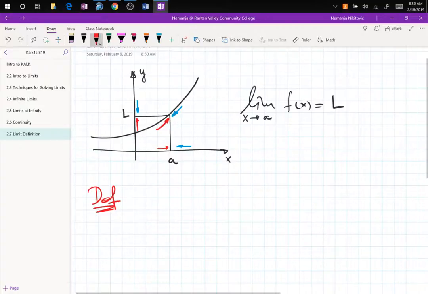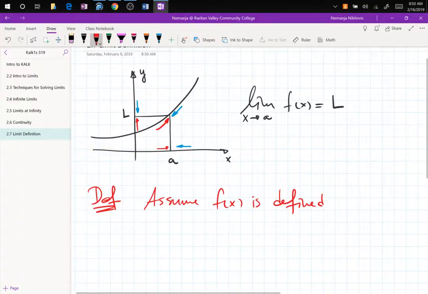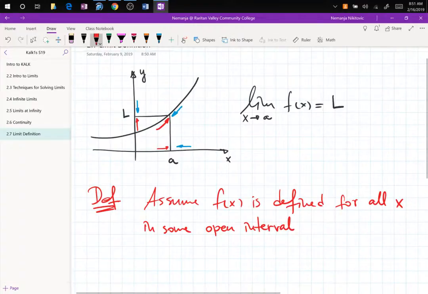So we're going to start with: assume f of x is defined for all x in some open interval containing a, except possibly at a.